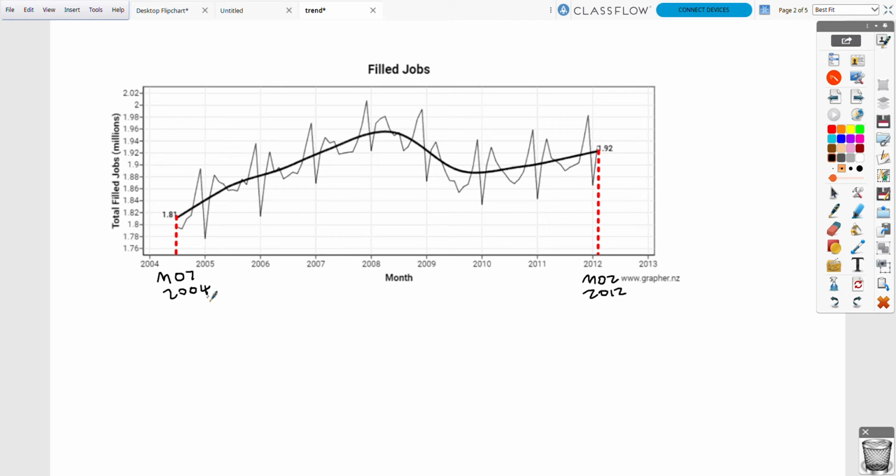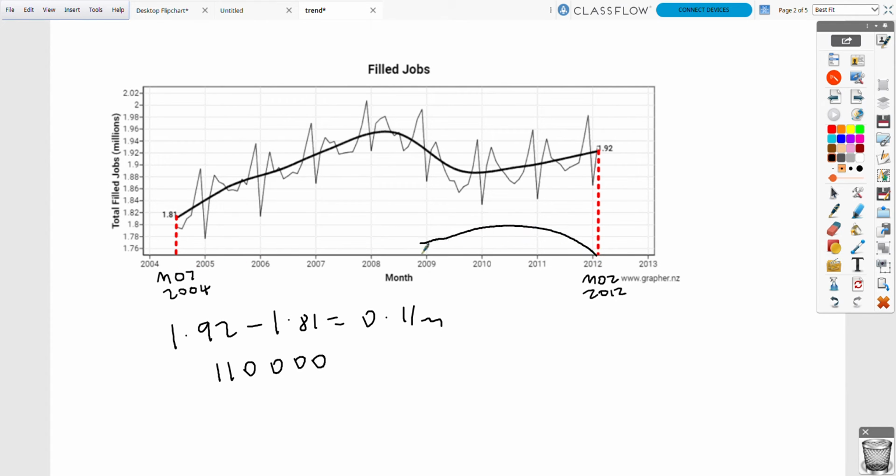The next thing we want to state is the mean or the average gradient of my trend line. How much has this risen by over this course of time per month? So it's ended at 1.92 and it started at 1.81, so it has risen by 0.11 million total filled jobs, or 110,000 total filled jobs in the time of this data being collected.